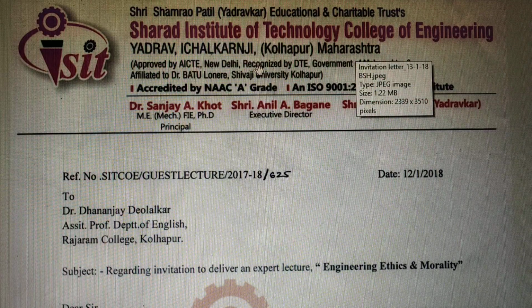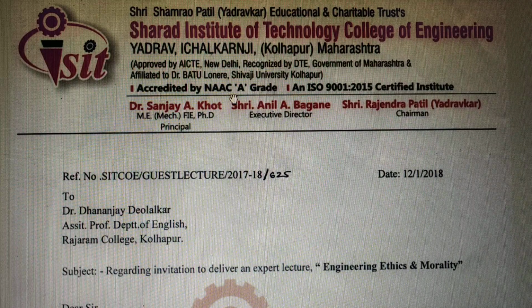Then approval by which authorities has given approval to it. And see here the principal's name, executive director's name, and chairman's name. Details are there. This is one example of a letterhead, and the letterhead is already printed on the letter pad. So what you need to do is get a letter pad of your company, type the matter and print it out on that. That is what a letterhead is.